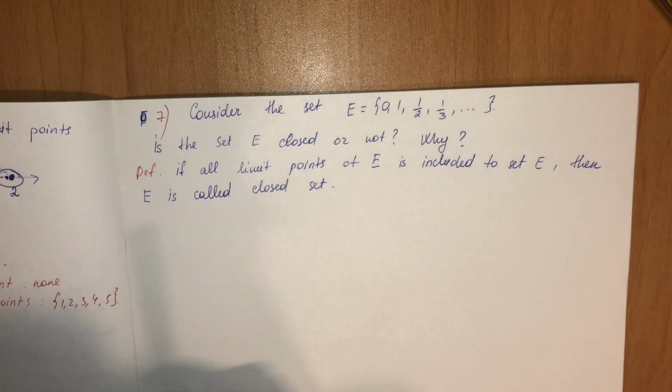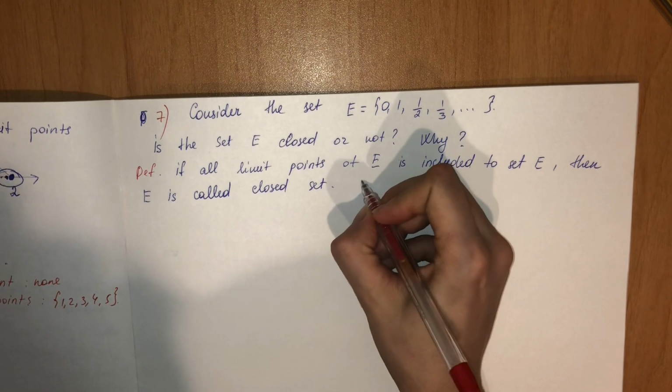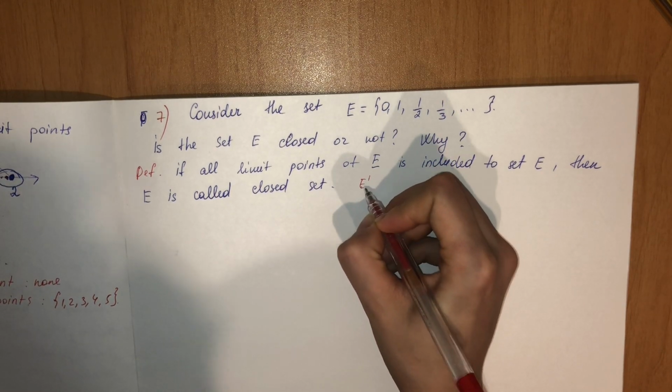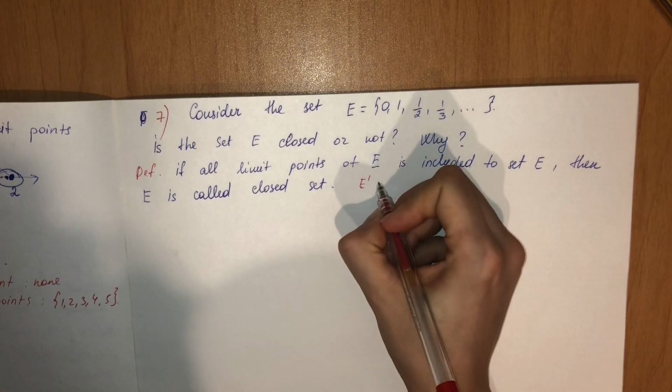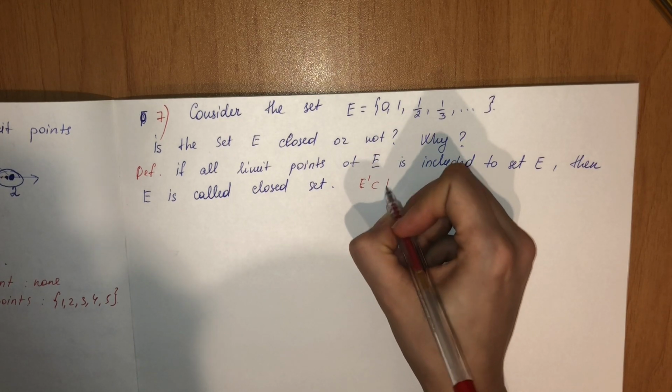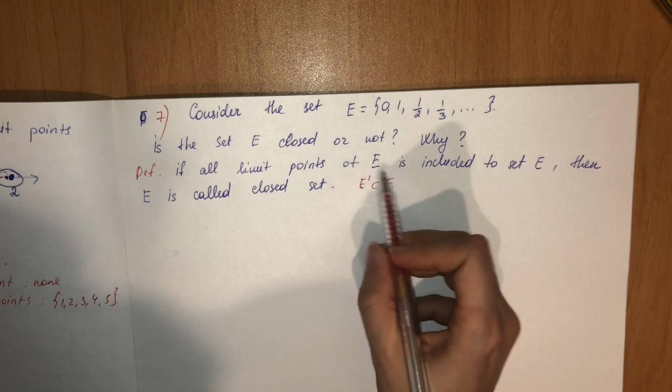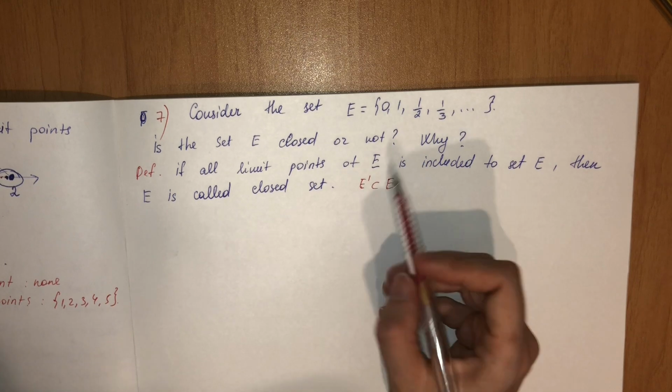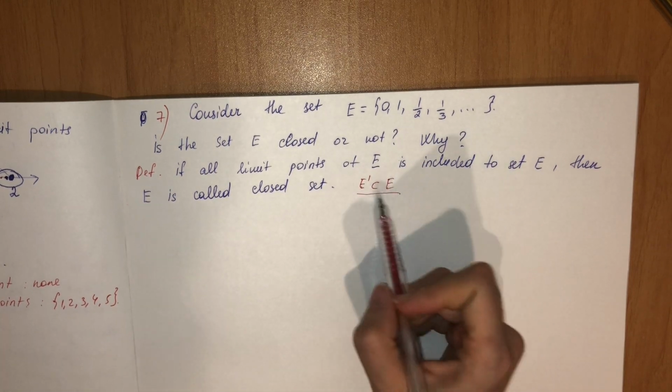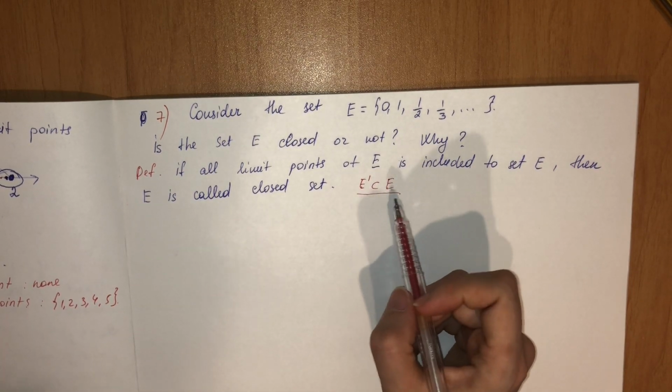If we denote the limit points by E prime, then E prime should be a subset of E. If this condition is satisfied, then we can say that E is a closed set.